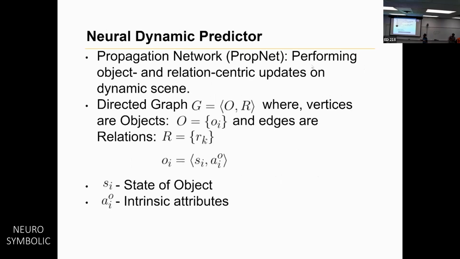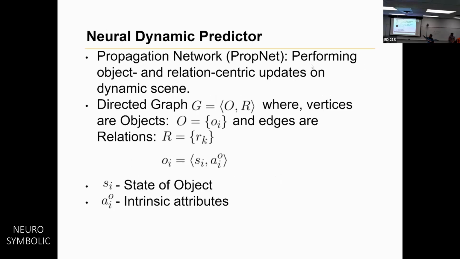Now, the next part is the neural dynamics predictor. This is one of the novel proposals that they have made. This is basically a PropNet. Now, the propagation network is an extension of the interaction network that was proposed by DeepMind in 2016. This is a graph network where the objects are the vertices and the edges denote the relations between each object.